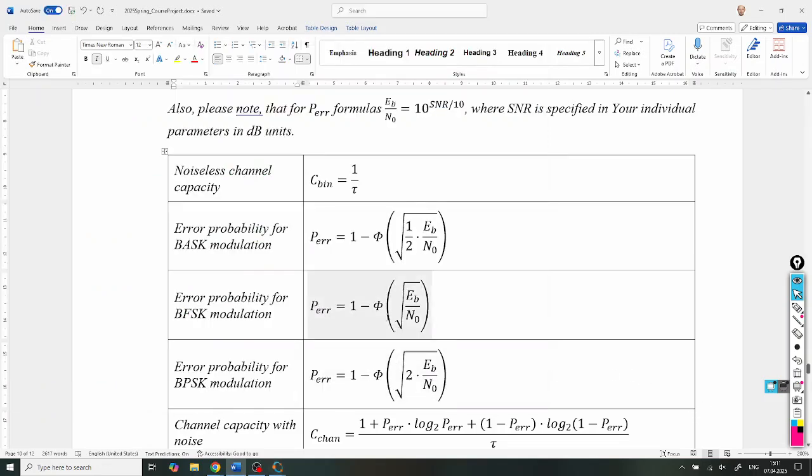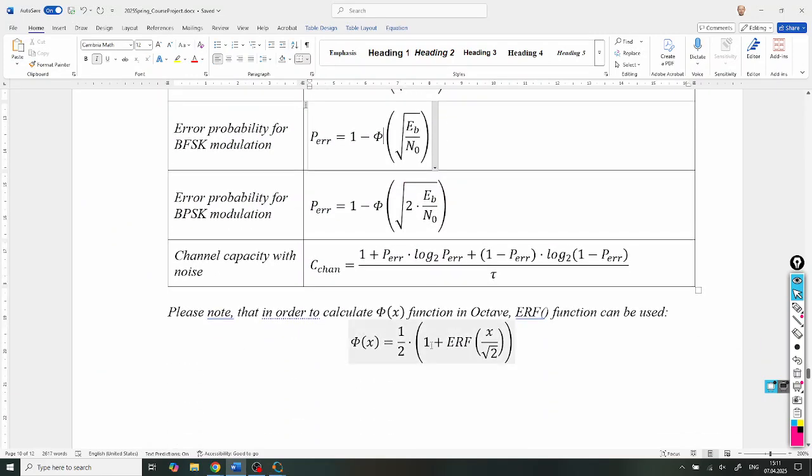Now, this involves using something called Euler's function, which can in MATLAB be implemented by the error function. So I believe we should create an anonymous function.